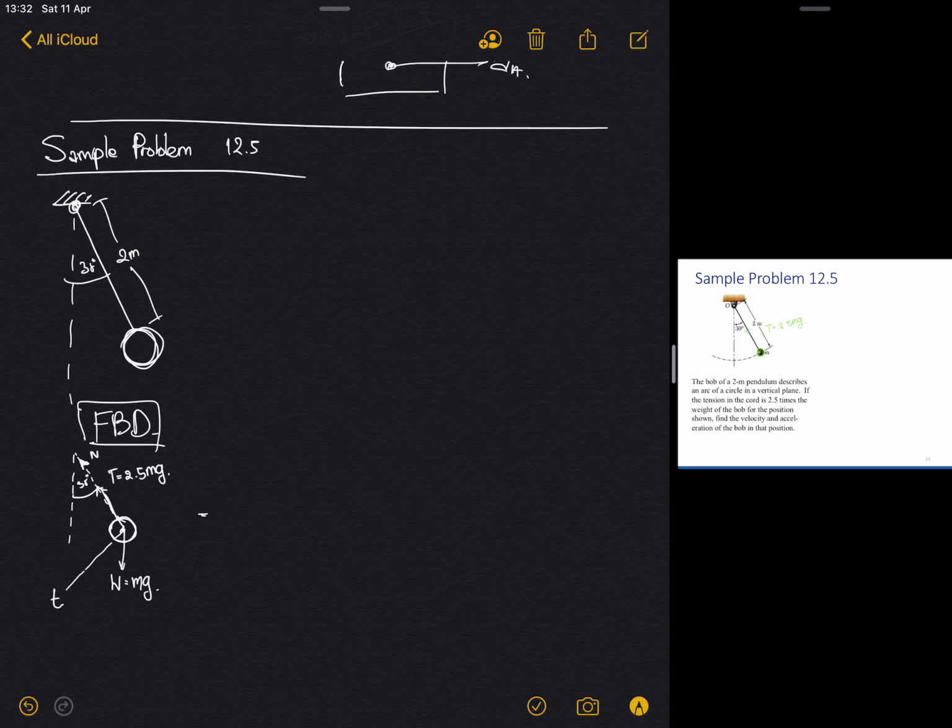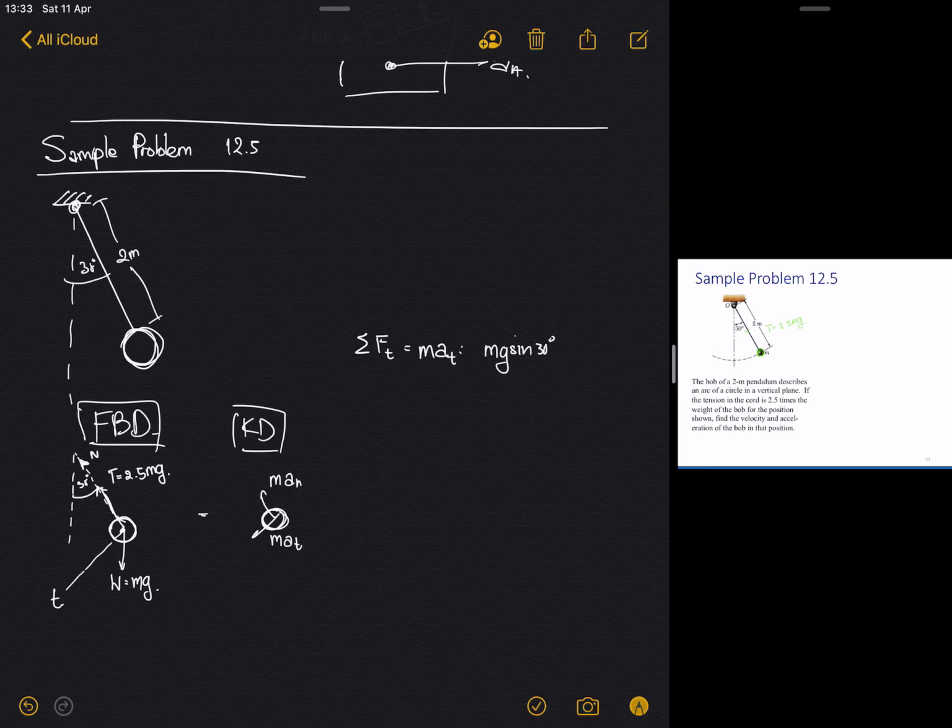And then for kinetics diagrams, we have easy MAN, and we have MAT. Okay, so let's solve the equation one by one. Sigma F tangential equal to M acceleration of tangential, and then in the end is equal to mg sine 30.